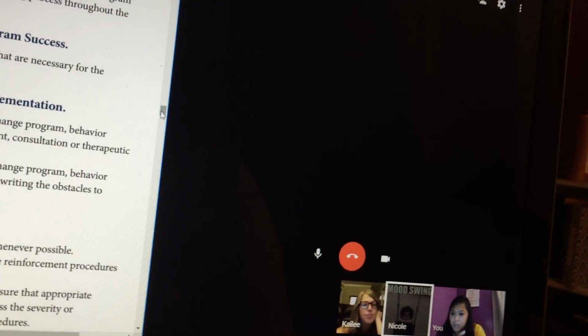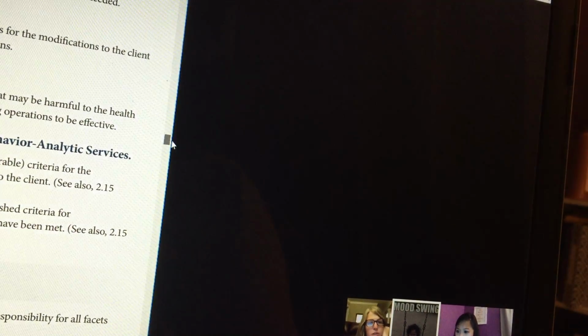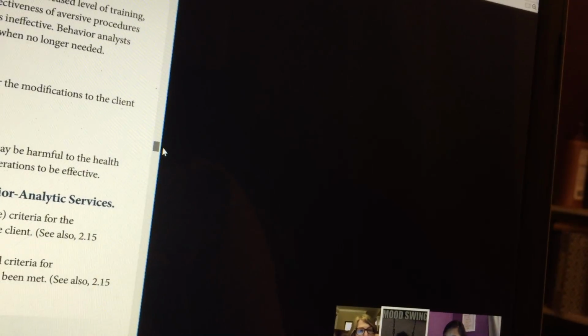Yeah. Did you say 4.06, describing? No, I don't have anything in the 4s. Okay, because it says describing to the client the environmental conditions that are necessary for the behavior change program to be effective. Environmental conditions that interfere with implementation. No, we don't want punishment. Yeah, least restrictive procedures.